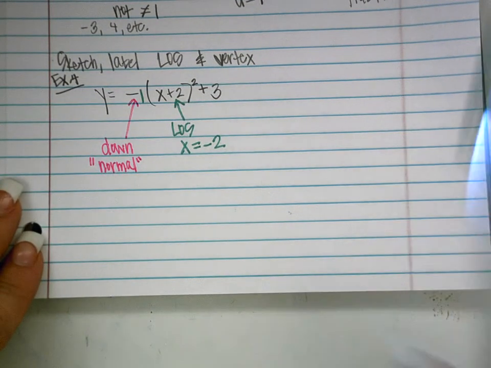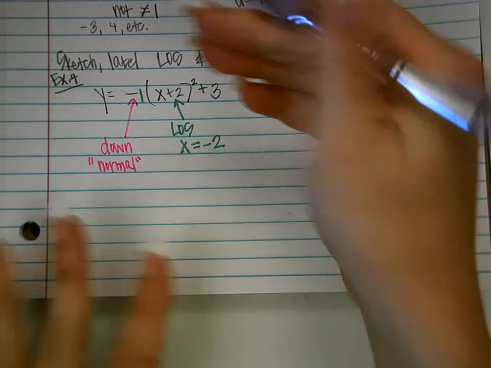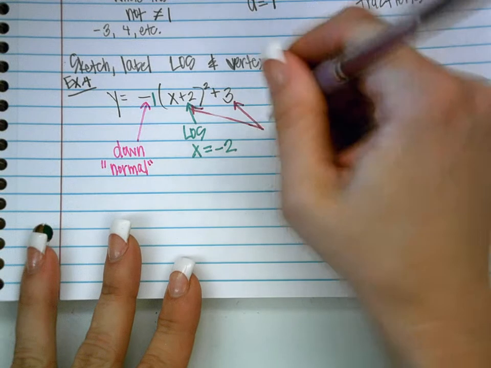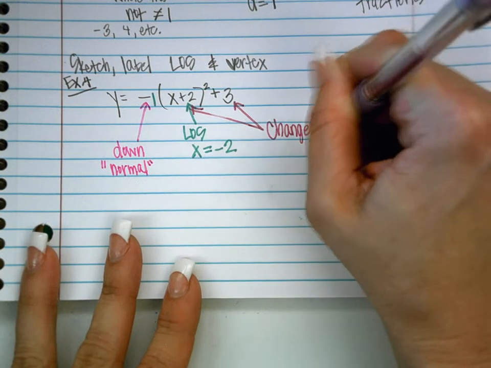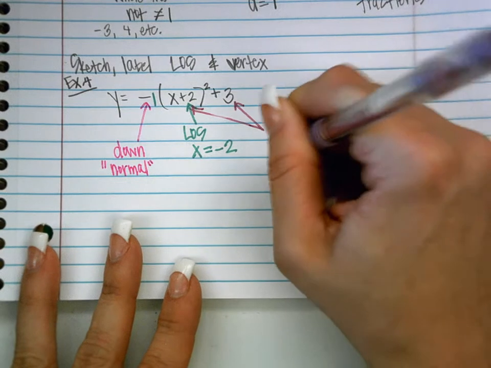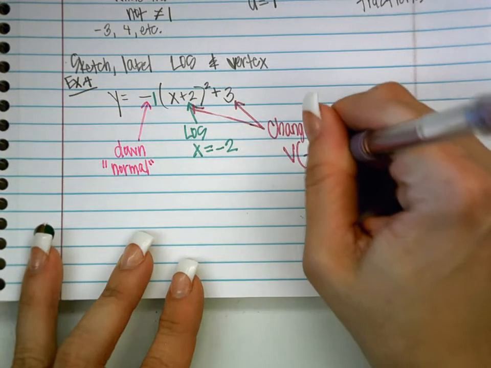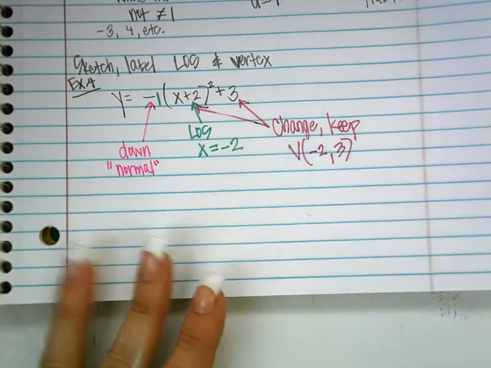The vertex comes from changing one sign, keeping the other. You always change what was in the parentheses, and keep the sign from the end. So change, comma, keep. What will your vertex be? -2, +3.